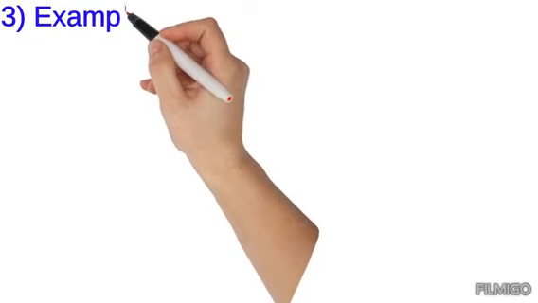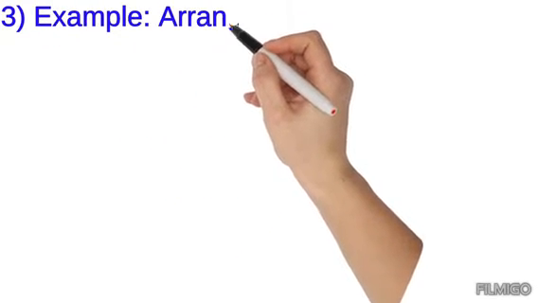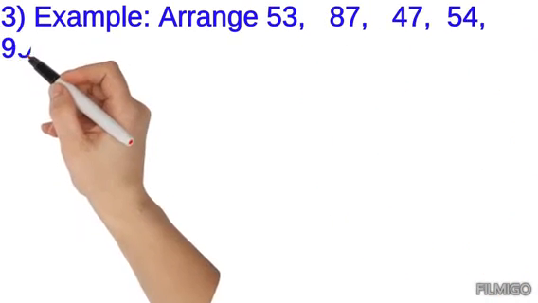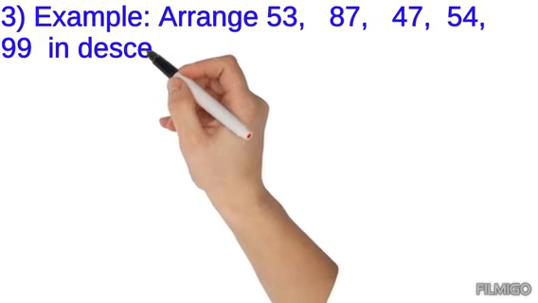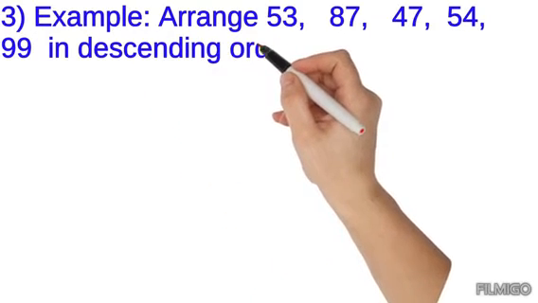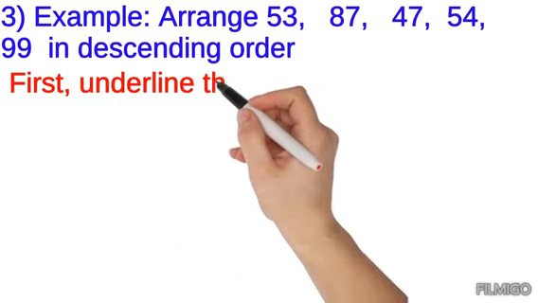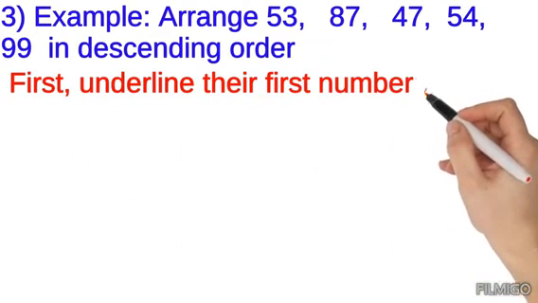The next example is telling us that we should arrange 53, 87, 47, 54 and 99 in descending order. You know the first thing to do, which is always to do what? To underline the first numbers.